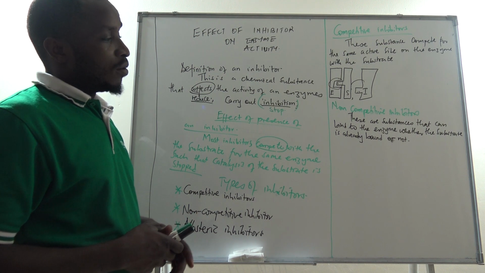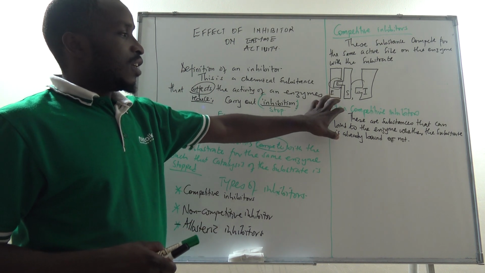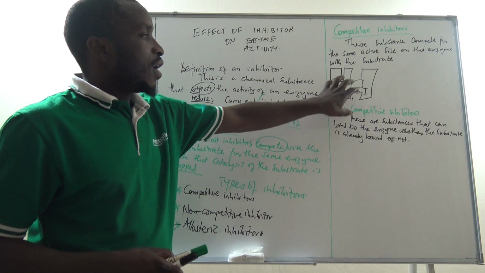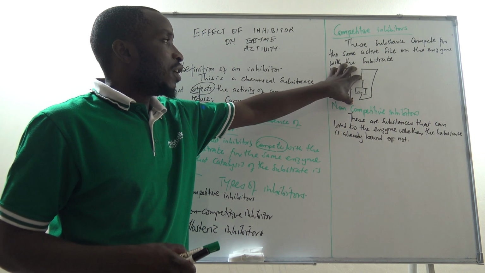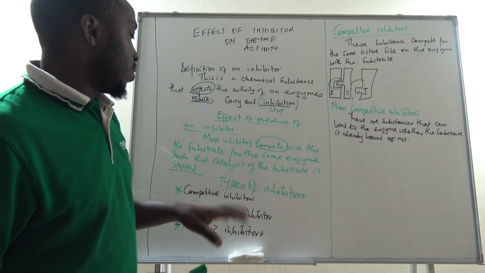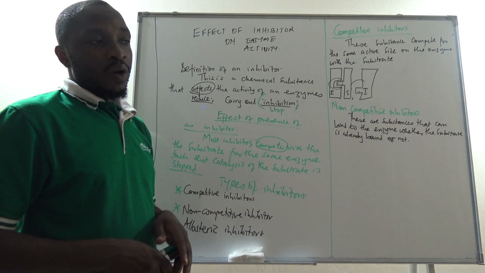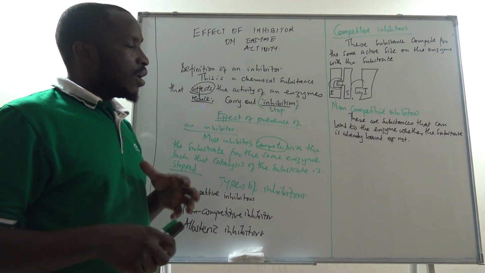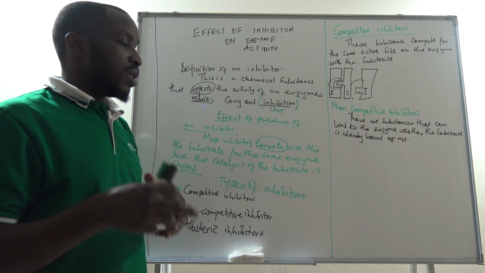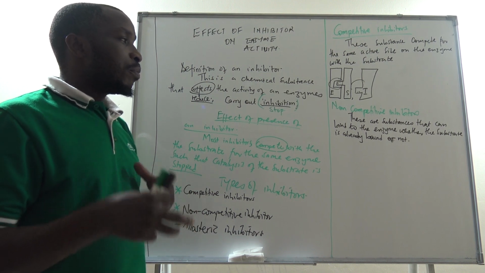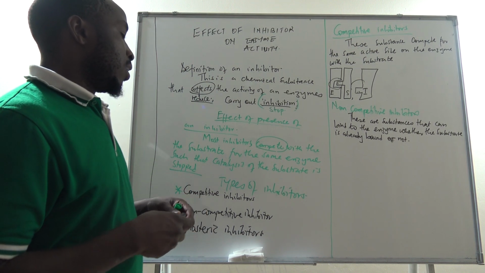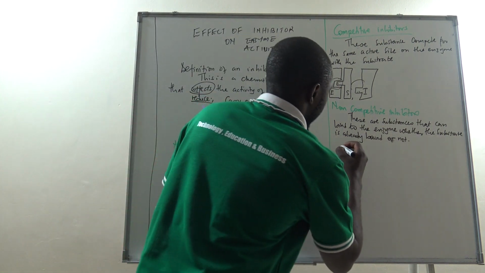So this one is more dangerous. It does not care whether a desired substrate is already bound to the enzyme or that substrate is away. We shall get some examples of non-competitive inhibitors, which are the leading poisons in our day-to-day life.